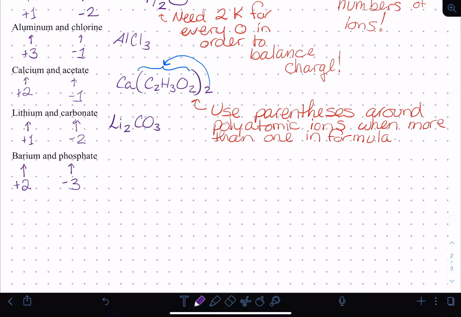So we're going to need to end up with 3 barium and 2 phosphate. And again, we'll need to use the parentheses around phosphate to indicate that there's more than one of those. So this gives us 3 times +2 is +6. 2 times -3 is -6. So in this formula, we have a grand total of 6 positive charges and 6 negative charges that balance one another out to 0.